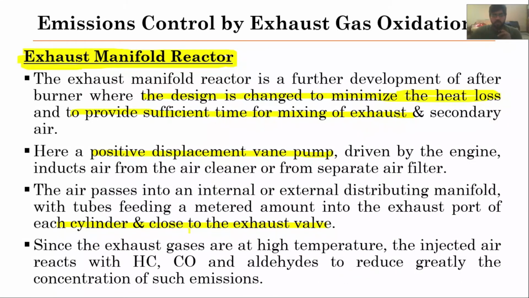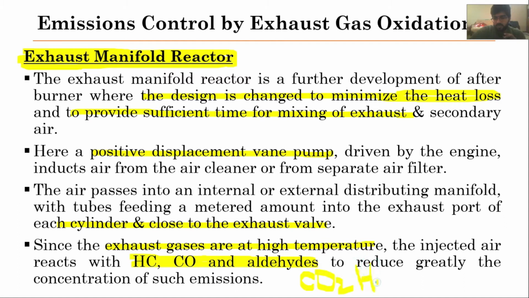So when we mix this secondary air with the exhaust gases, and since these exhaust gases are at quite high temperature, this secondary air will convert the unburned hydrocarbon and carbon monoxide emissions into carbon dioxide and water vapors.